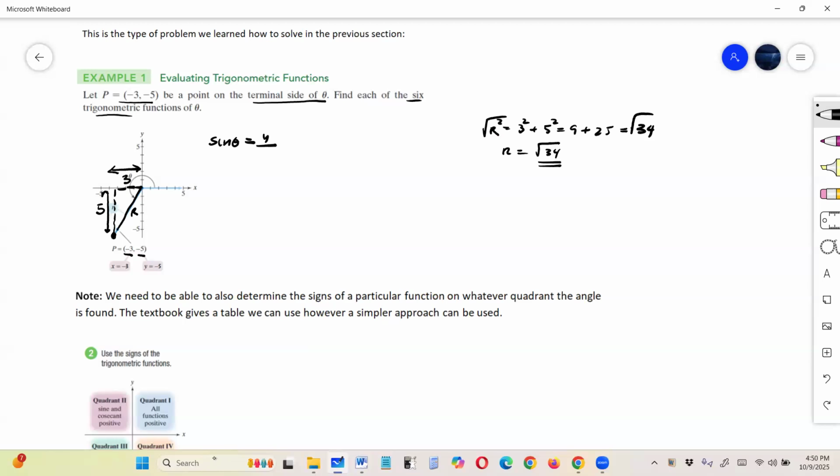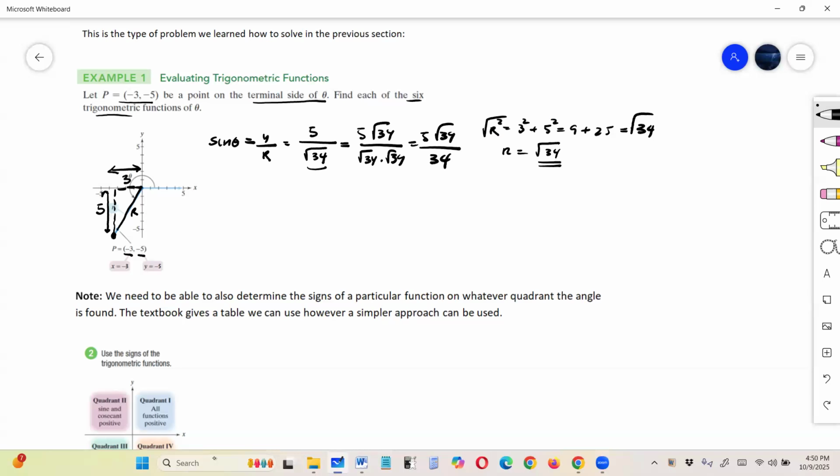So sine of theta is y over radius. The y is 5, and the radius is radical 34. Now, we can't leave it this way. We have to rationalize. So you know how to rationalize. Multiply by radical 34 over radical 34. So this is 5 radical 34 over 34.